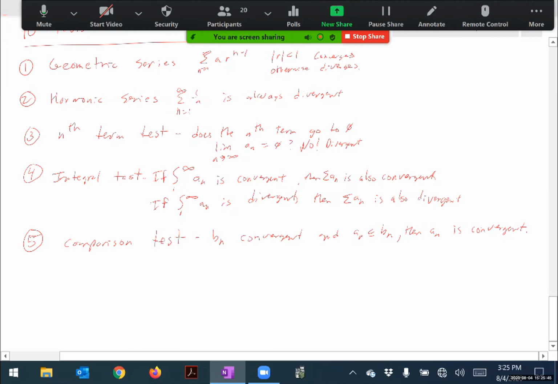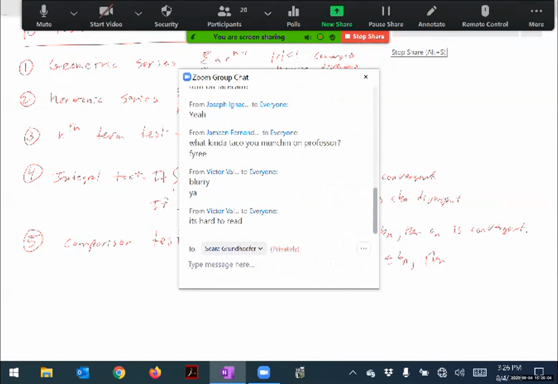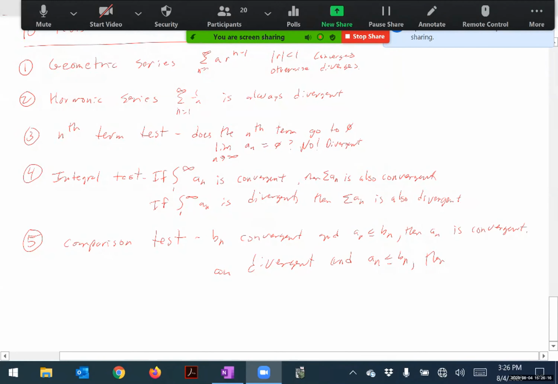Okay, if A sub n is divergent and A sub n is less than or equal to B sub n, then B sub n is also divergent. More blurriness? What the heck, man?